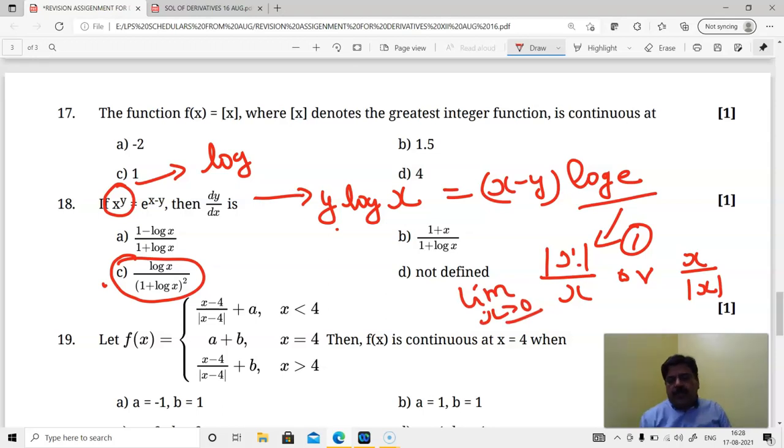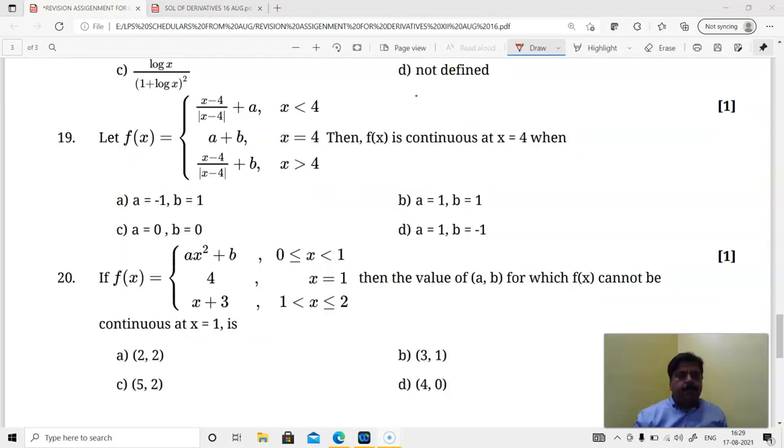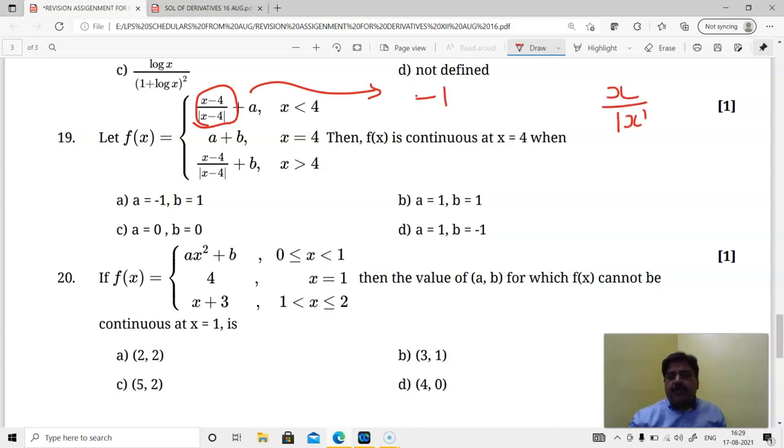For 0 minus, I use 0 minus h, and this type of function is not continuous at x equal to 0. Now if you see, this portion becomes minus 1 once you solve the type of question like x upon mod x, where x is less than 0, and here x is less than 4.